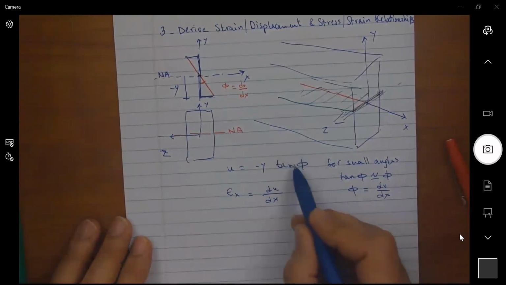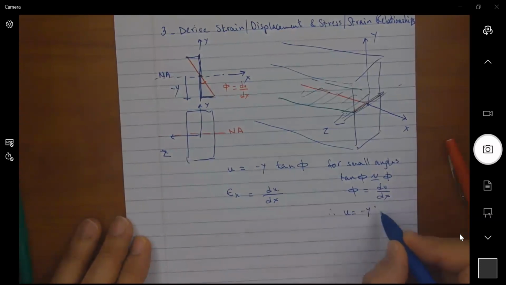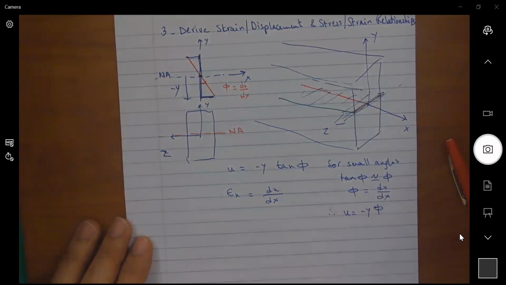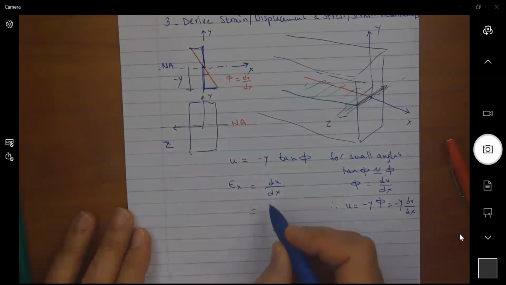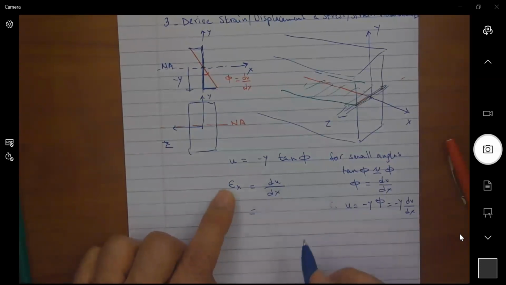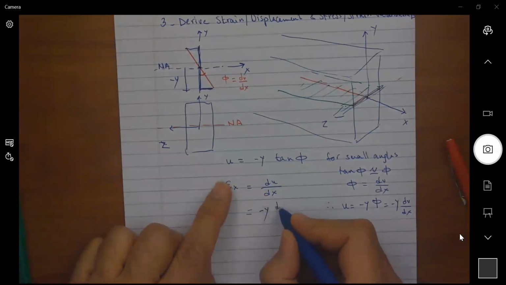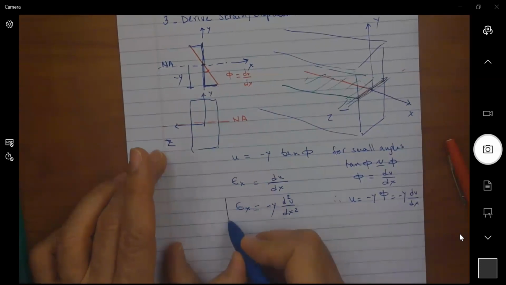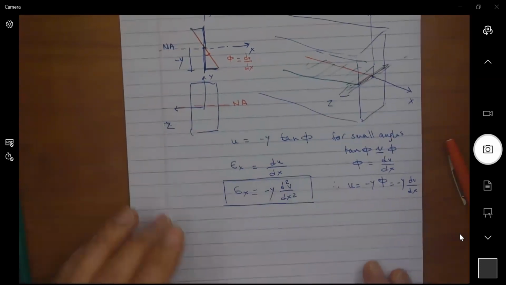If I substitute for tan phi with phi, therefore, u would be equal to minus y times phi, or minus y dv by dx. Now, if I take the derivative of this, I would say that epsilon x would be equal to minus y d2v by dx squared. So this is a relationship between the strain and the displacement v.